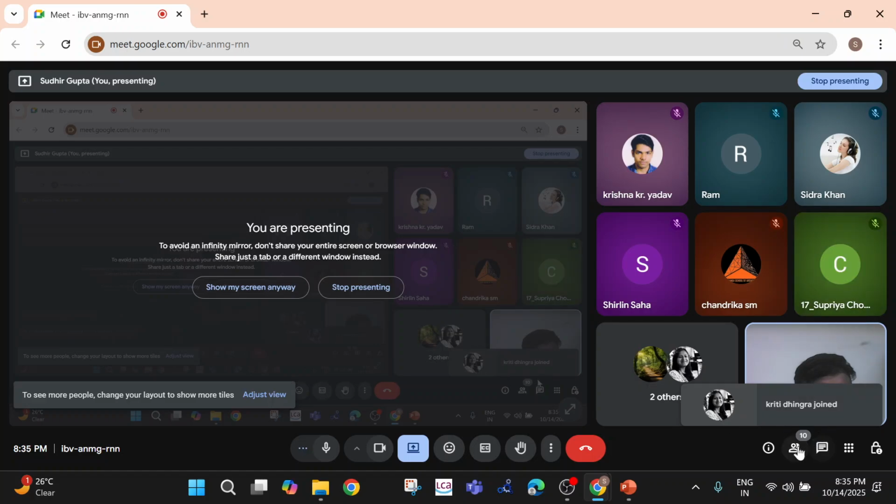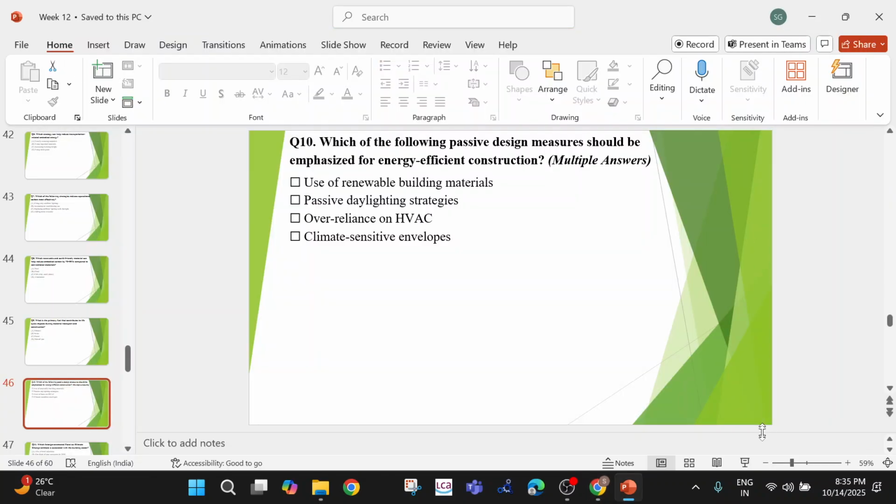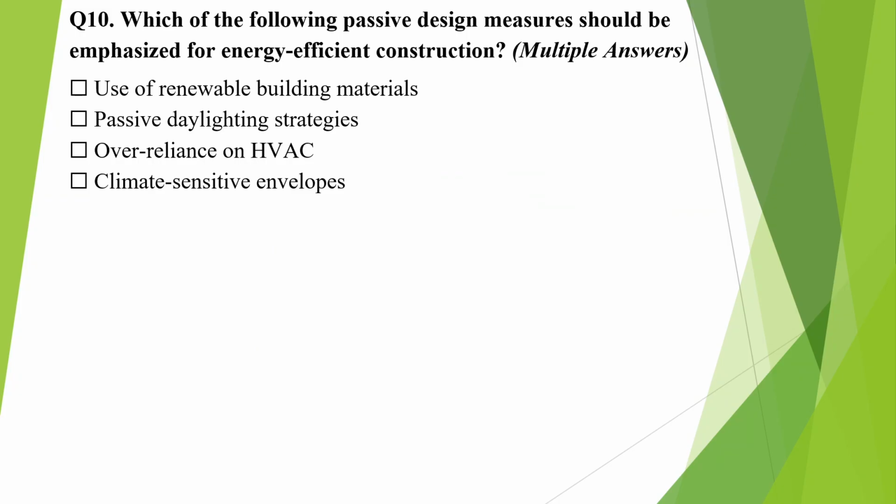Okay, so here is the question, guys. Give your answers in the chat box. Whoever knows the answer, then we will be discussing it in detail. The 10th question is from lecture 4 of week 12. If you have gone through it in detail, then you will be able to answer question number 10. And this is a multiple answer type of question, and this kind of question will be asked in your final exam.